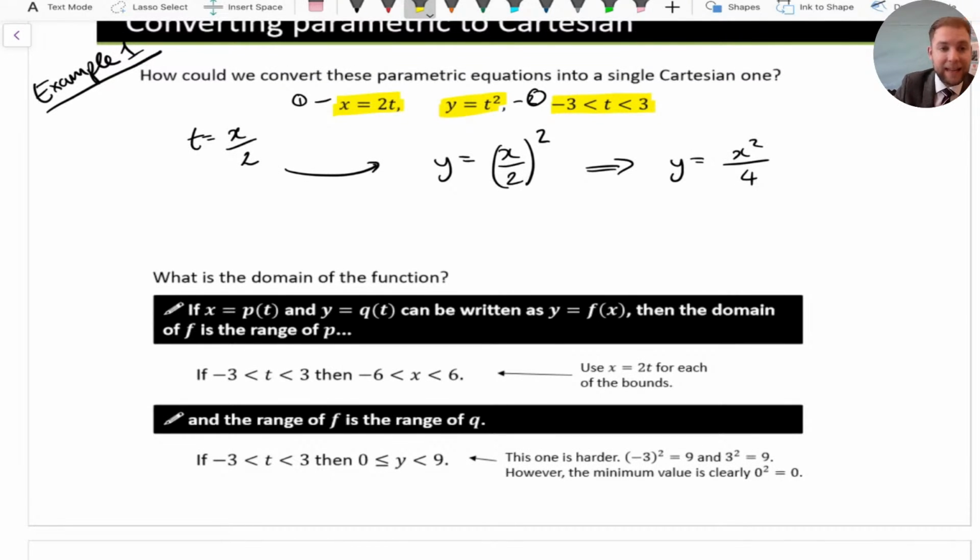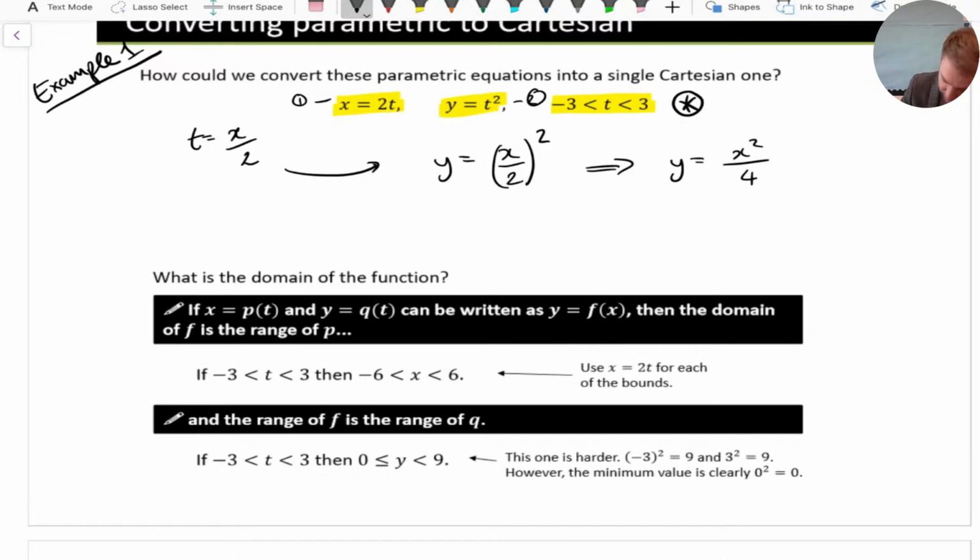Now we know that our domain is the values that the x coordinates can be, and the range is the values of the y coordinates. To find the domain for our Cartesian form, we substitute in t for our x values, and that's what they've done here.